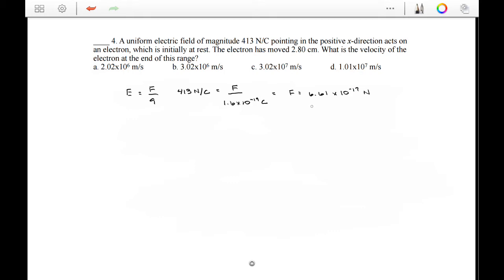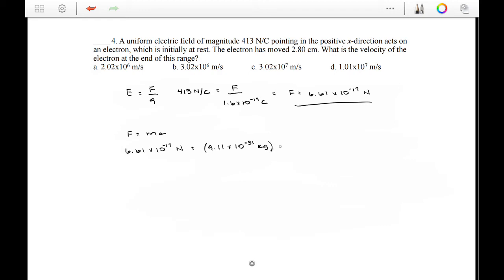And so we can use this force by plugging it in to Newton's second law. So force is equal to mass times acceleration. The mass that we're going to use is the mass of an electron. So 6.61 times 10 to the negative 17 newtons is equal to the mass of an electron, that is 9.11 times 10 to the negative 31 kilograms, times acceleration.